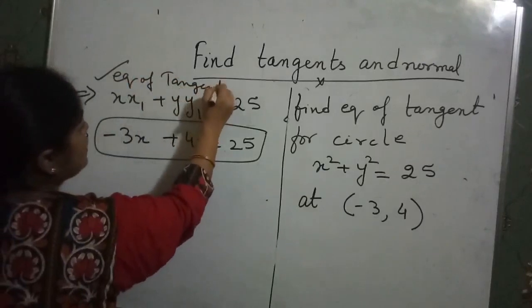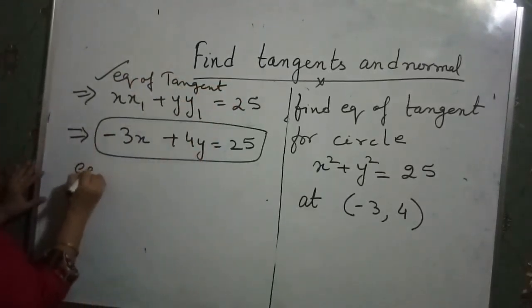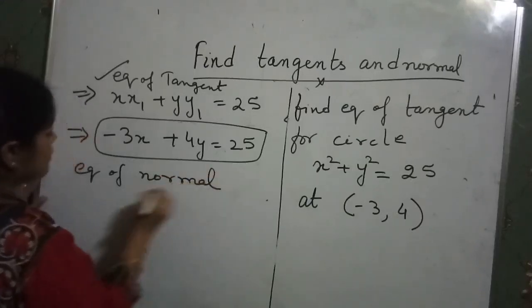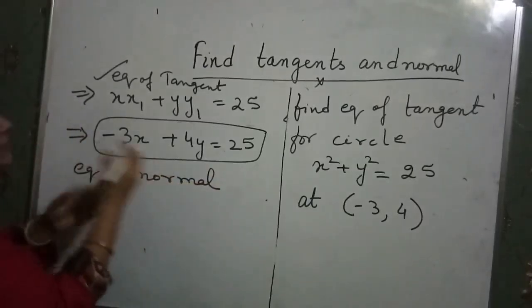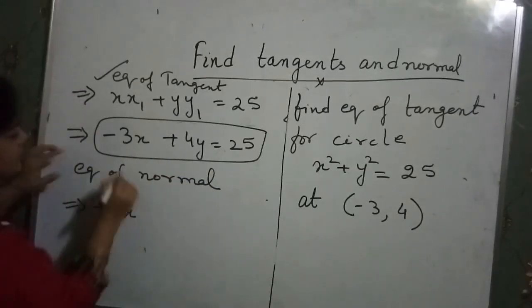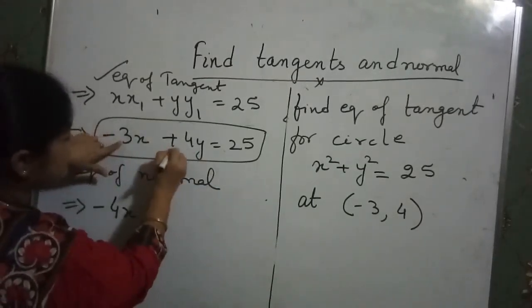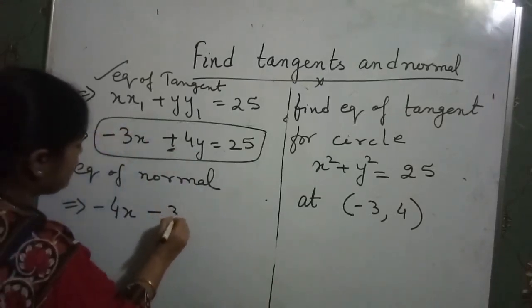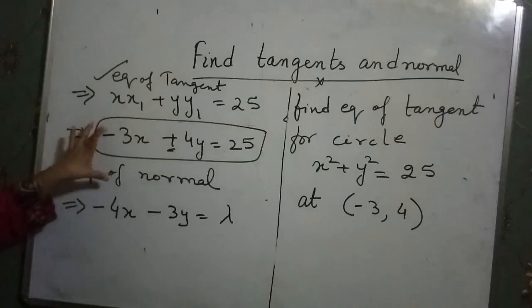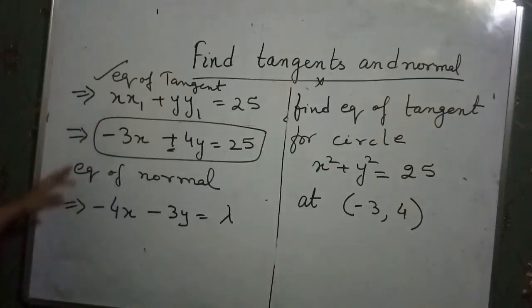Clear? Now I am going to find the equation of normal. Again, we just change the coefficients and signs. We have minus 4x, and this is plus so I change it to minus 3y is equal to lambda, because tangents and normals are perpendicular to each other.